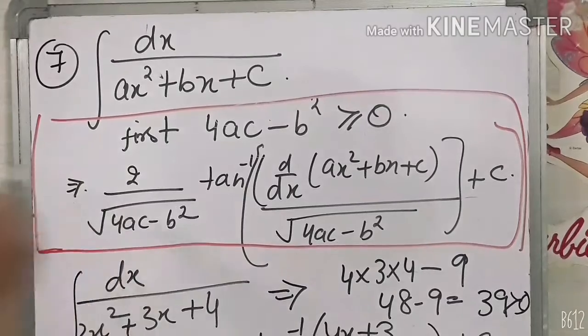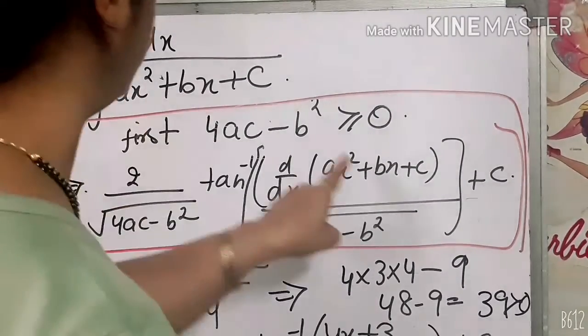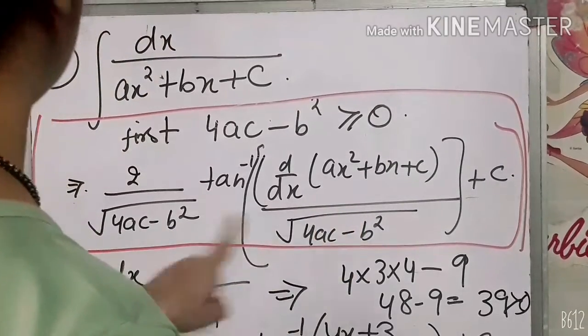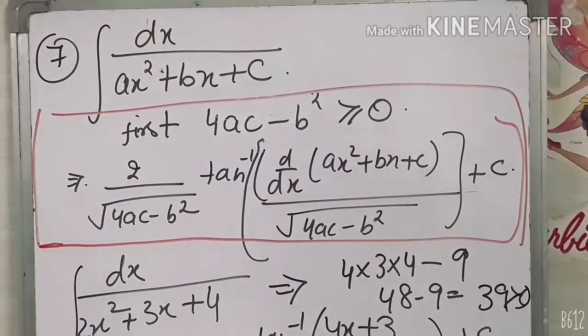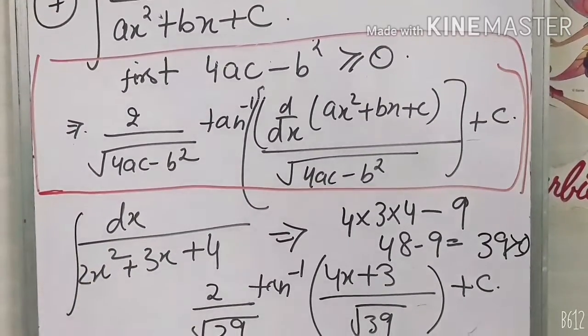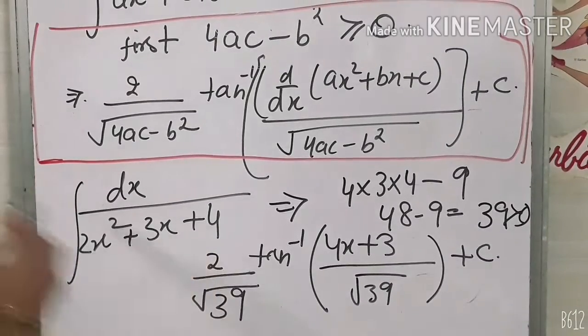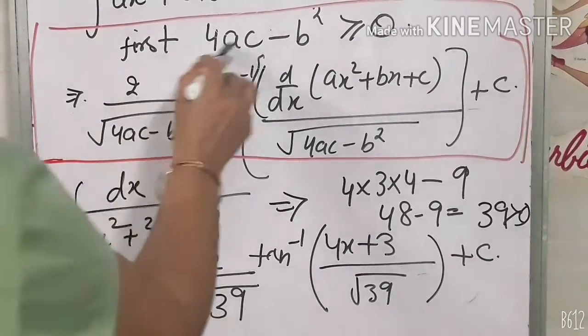So I will write it. I found this, then the integration of this one be 2 by under root of 4ac minus b square, tan inverse of the differentiation of the denominator by under root of 4ac minus b square plus c. How it came? I took dx by 2x square plus 3x plus 4.